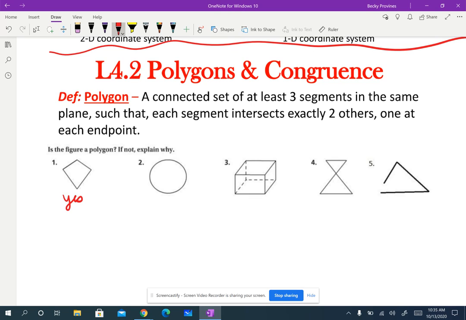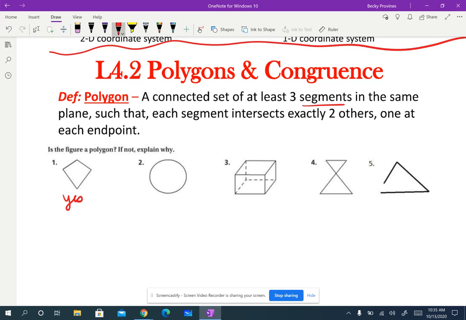Okay. Now number 2. What do you guys think? Is this a polygon? Now it's flat. It doesn't really intersect anywhere in the middle or anything, but there's one major problem with it. And it's this word here. We don't have segments.